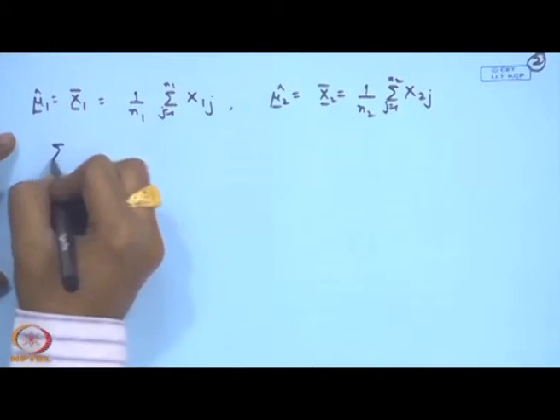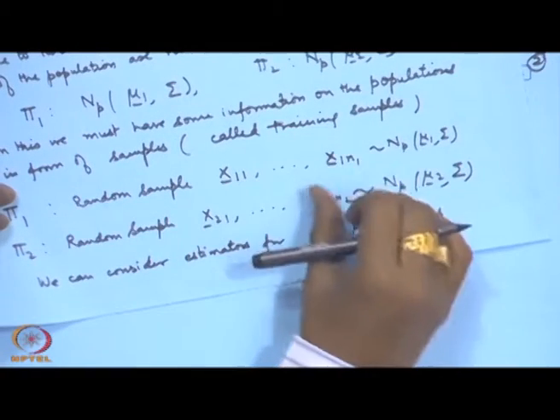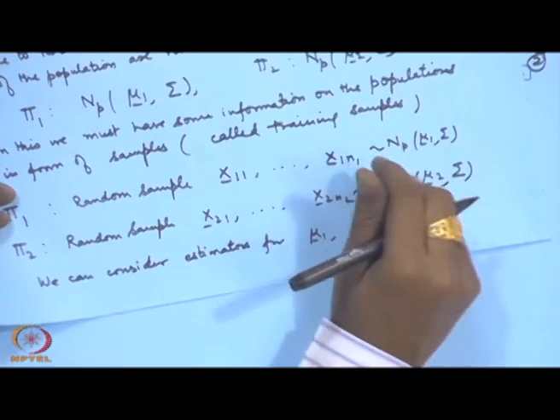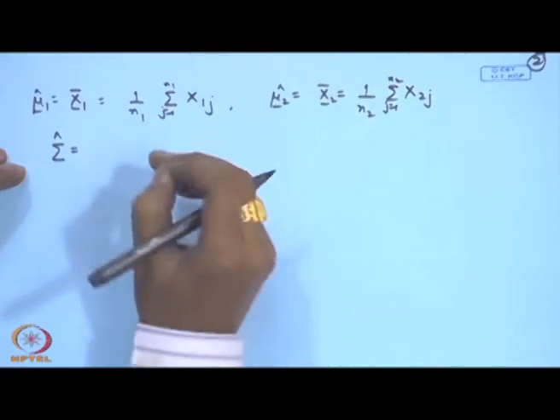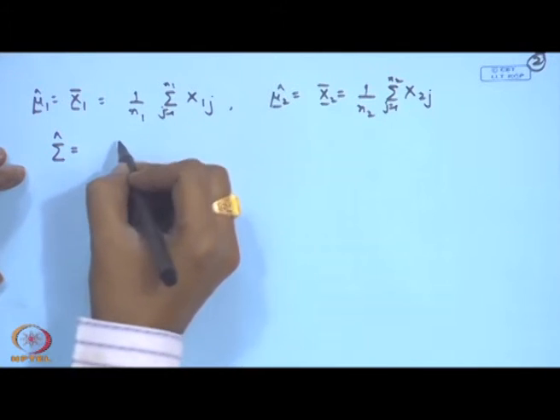And for sigma, since sigma is common, we write the joint likelihood function etcetera. The sufficient statistics basically reduce, and we can consider pooling.